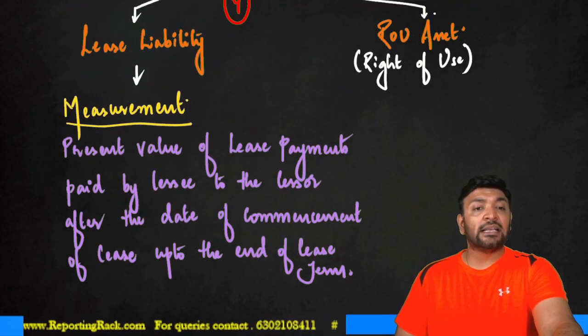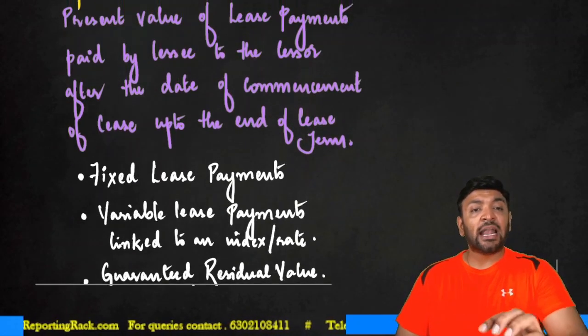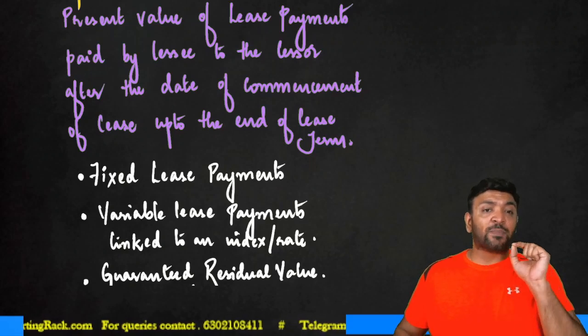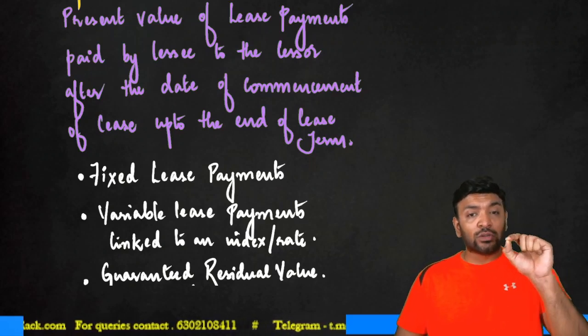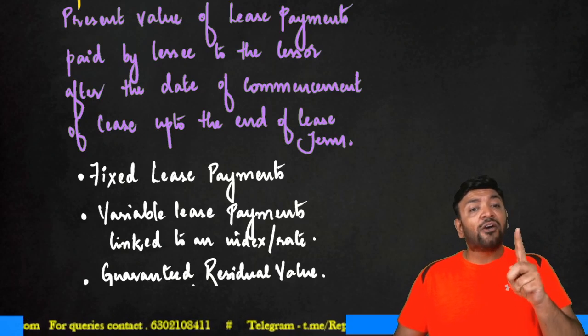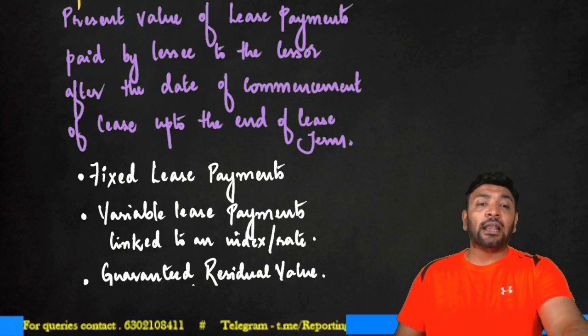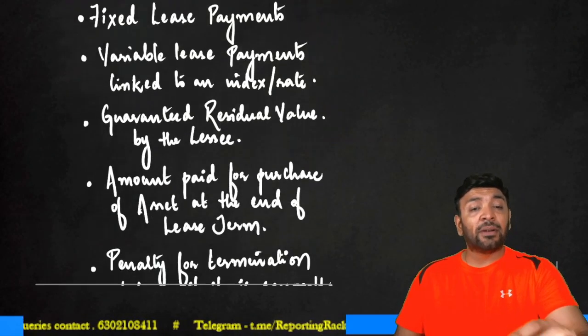What did you say regarding lease liability? It should be measured at present value of lease payments paid by the lessee to the lessor after the date of commencement of the lease up to the end of lease term. What payments do you make?